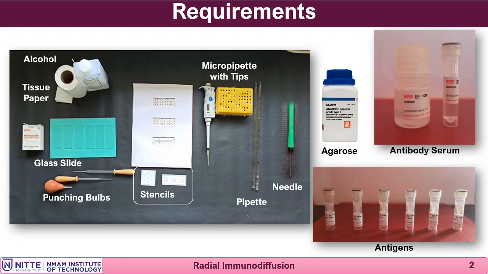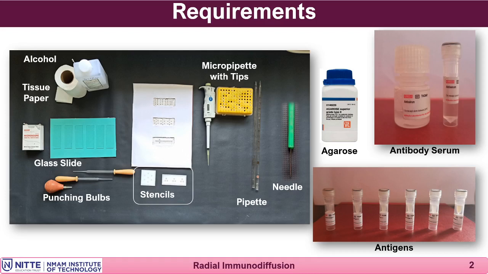Let us see what are the equipments that you require to demonstrate this simple immunodiffusion technique, where the antigen and antibody are made to diffuse in the agarose gel and meet at a point.